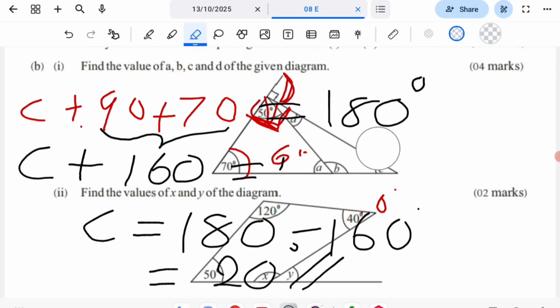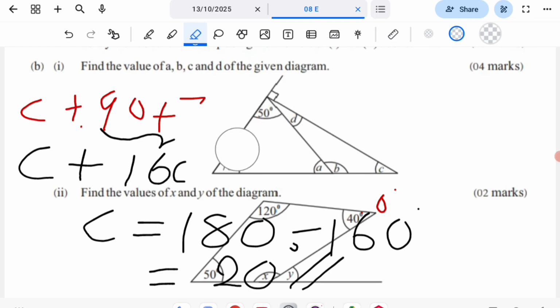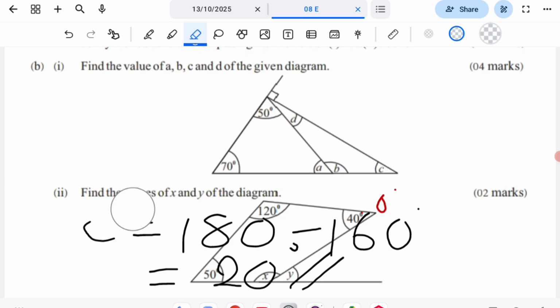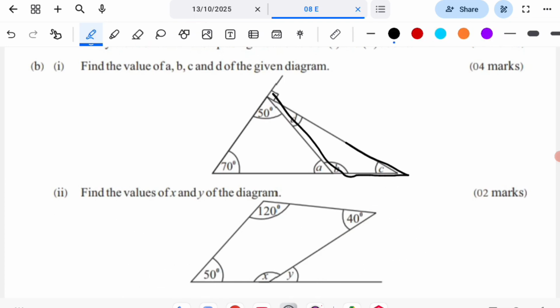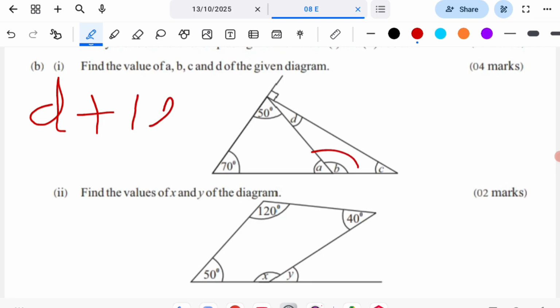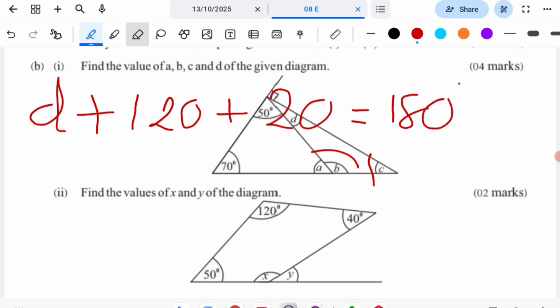Then we have to find the value of d. When finding the d value, we consider the interior angles of this triangle. Then d plus, we know that the b value is 120 plus the c value is 20 equals 180 degrees.